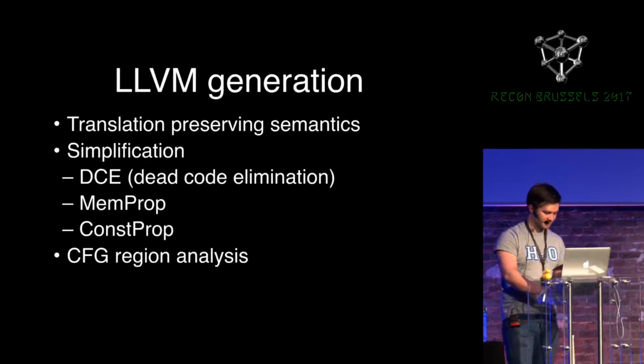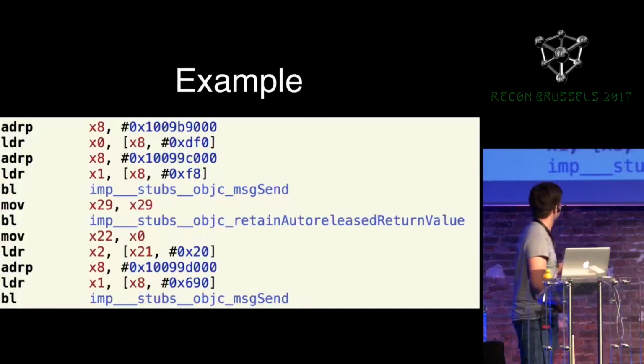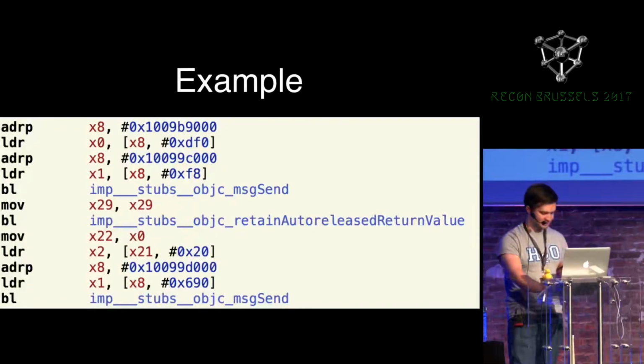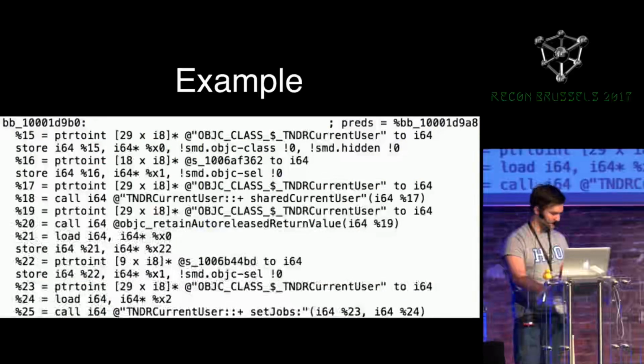So let's see an example of ARM to LLVM translation. This slide contains an example of an Objective-C function. It's actually a part of a function in a binary application. And this is how this function was translated to LLVM.